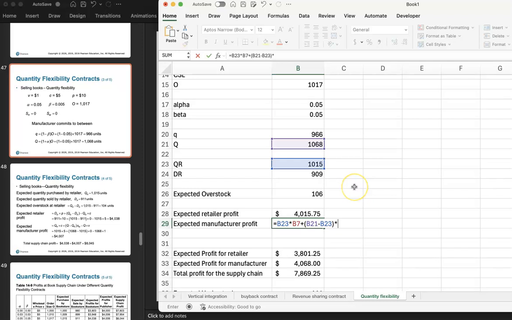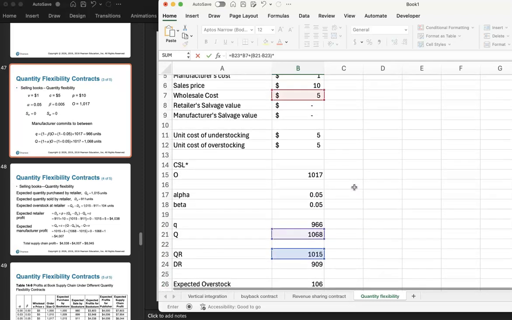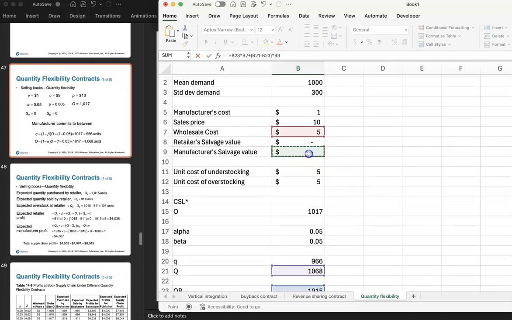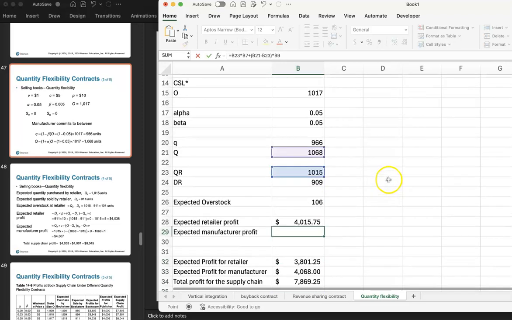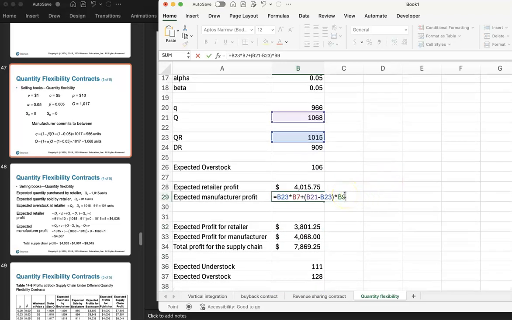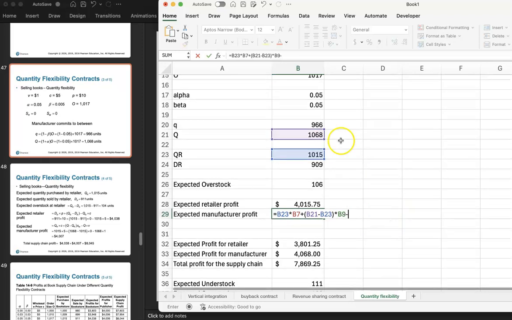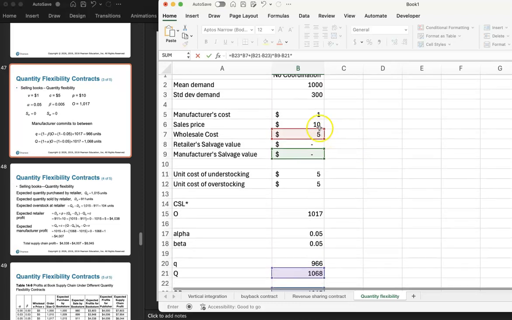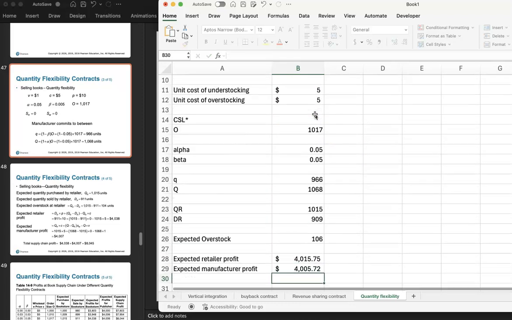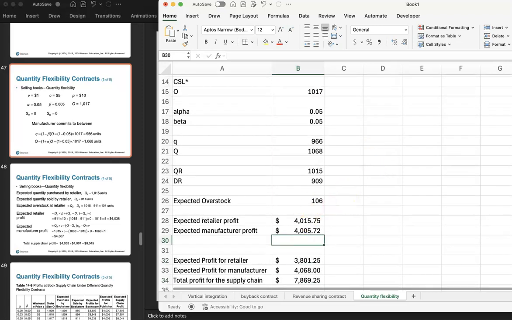If we were able to salvage some money from this, we are not in this case, but in case you are, it would be times the manufacturer's salvage value, minus the cost for the manufacturer. They're manufacturing 1068 units at $1 a piece, right? And there you go. Their profit is 4,005.